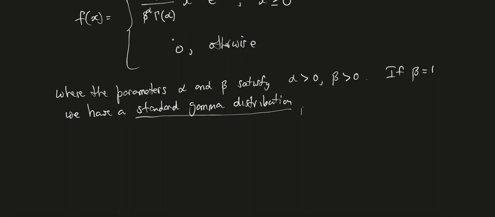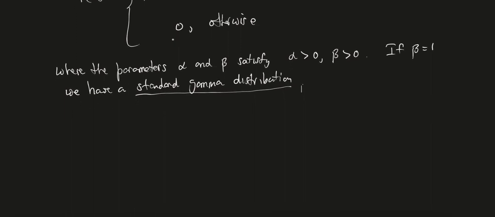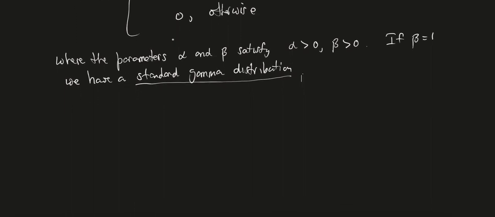But let's just look at the sketch of some of the gamma distributions. Since they are defined for x greater than or equal to 0, I'm just going to draw a couple. So here's our x-axis, and I'm just going to sketch the PDF of a few of these.